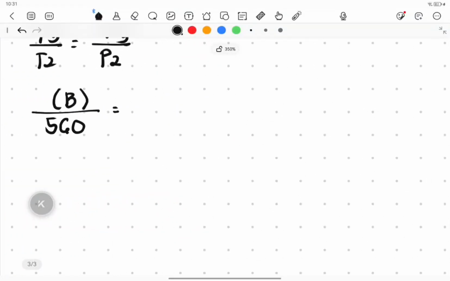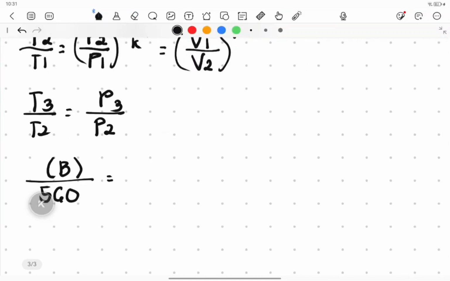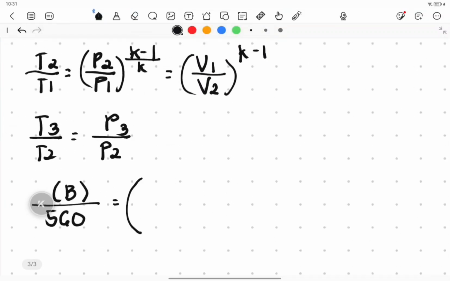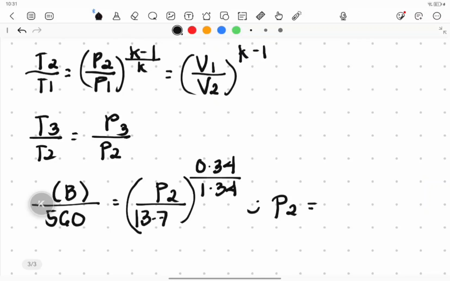560 equals P2 over P1 raised to K minus 1 over K. This is 0.34 over 1.34, and we can just shift solve this to get the P2. Our P1, by the way, is 13.75.